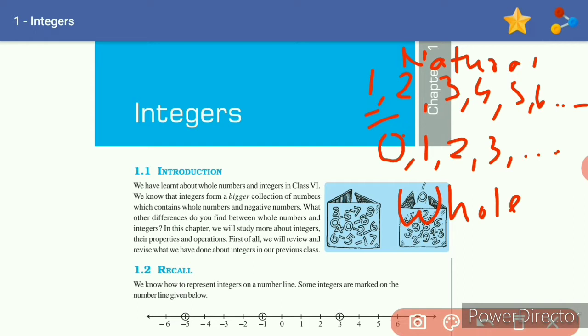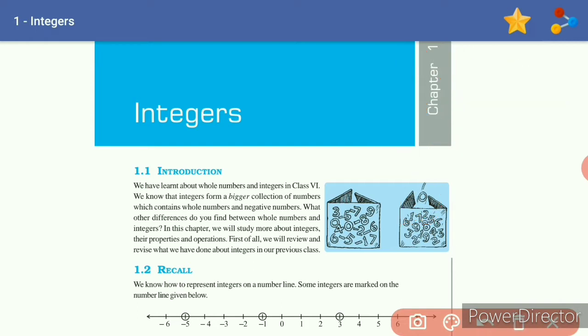So let us see more about integers. Integers are nothing but including natural numbers 1 2 3 4 and -1 -2 -3 and so on.